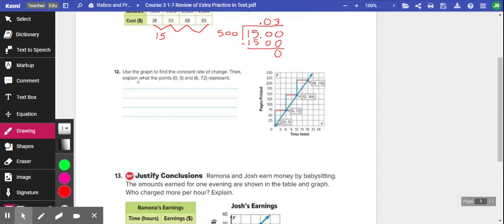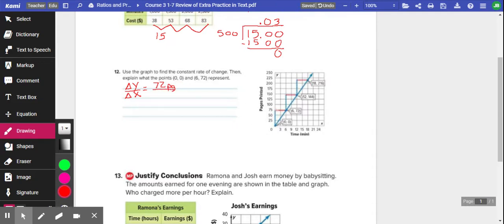And the constant rate of change is going to be the change in the y value over the change in the x value. So the y value very nicely increases at a rate, and they labeled it for us, of 72. So I can say that this is going to be 72, and our label here is pages. Those are pages. Just going to put a PG here.